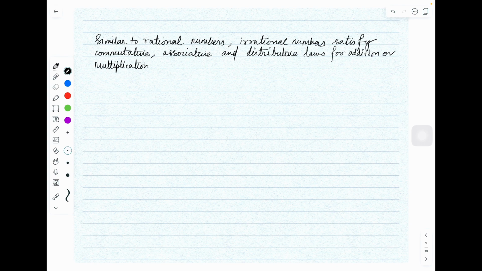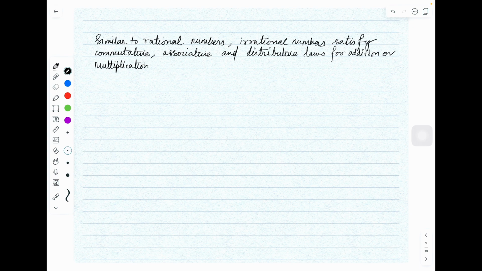Understood? These laws are the same for rational and irrational numbers, and irrational numbers follow these 3 laws for addition and multiplication.